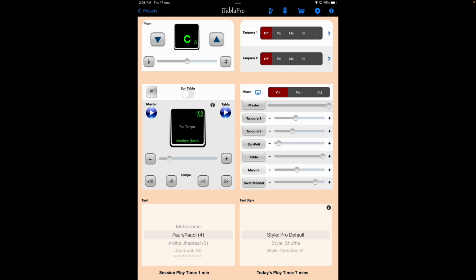This audio has got 4 beats in one cycle, right? You're seeing the numbers here, right? 1, 2, 3, 4, 1, 2, 3, 4, 1, 2, 3, 4, right? So it has got 100 beats per minute, and each cycle has got 4 beats.